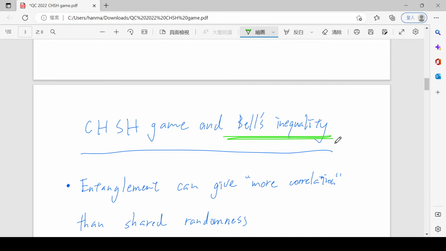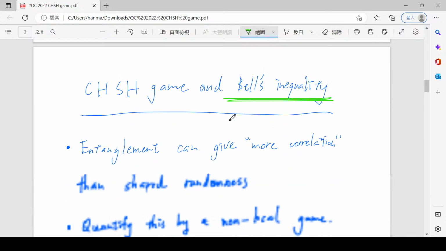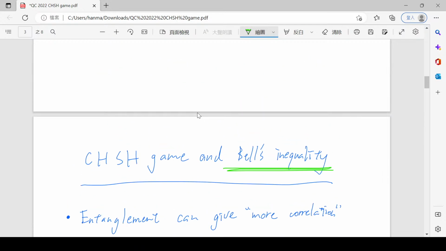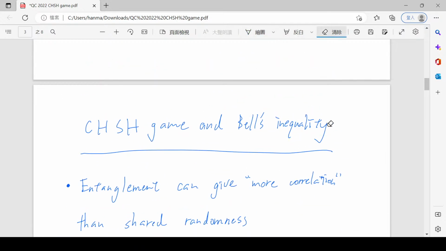They are going to calculate some quantity where the quantum correlation will give you a violation of the classical bound. But anyway, here we're taking a more CS perspective, where we are going to play this non-local game, CHSH. And it's going to be very operational.